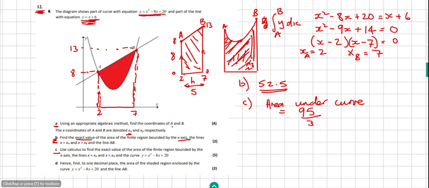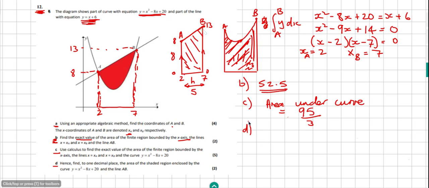So now we're going to look at part D, and part D is finding to one decimal place the area of the shaded region on the graph. So that's the area between the line AB and also between the curve. And so really all that is, it's using compound areas.